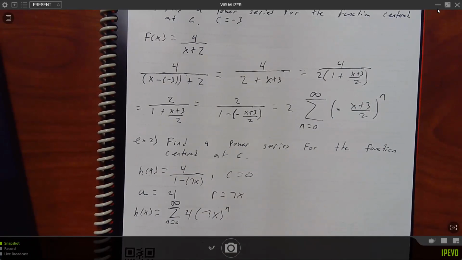Let's do one more that is not centered at 0, just so we can get disturbed by algebra.